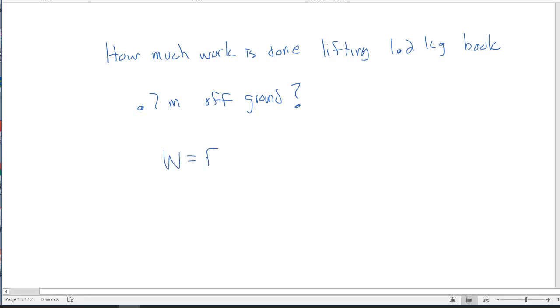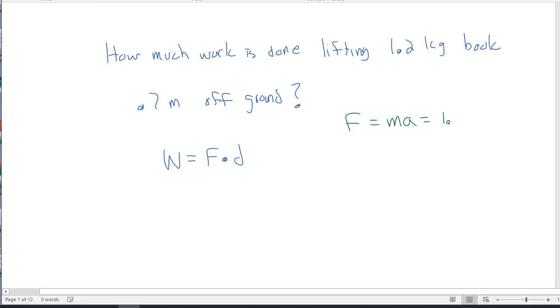So again, we have our formula that work is force times distance. Now the issue here initially is that the weight in the metric system of kilograms doesn't really involve the force. We have to use Newton's second law of motion, that force is mass times acceleration.